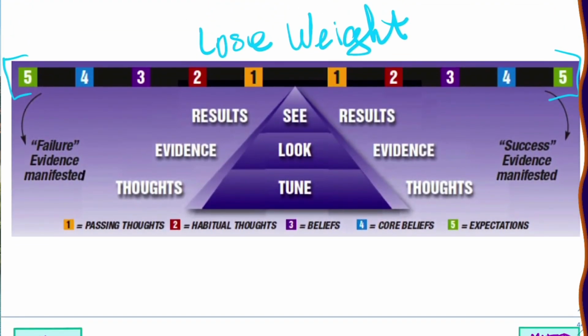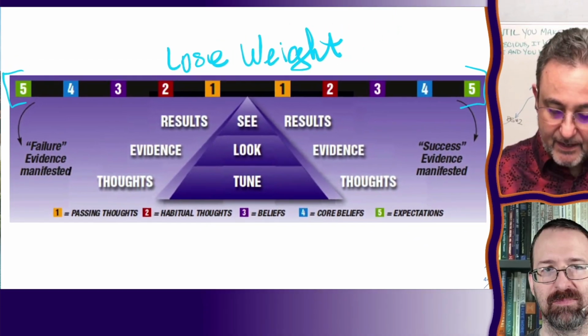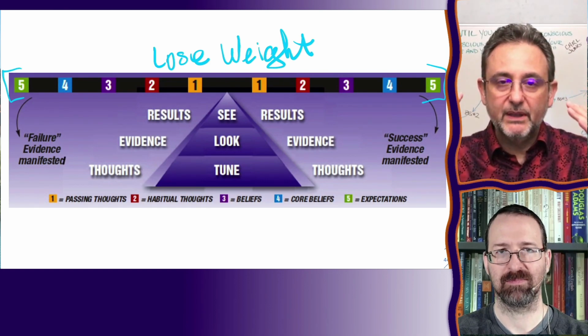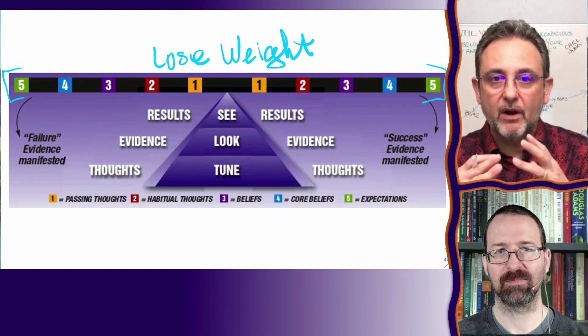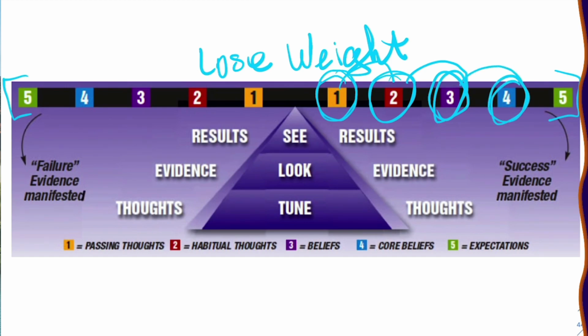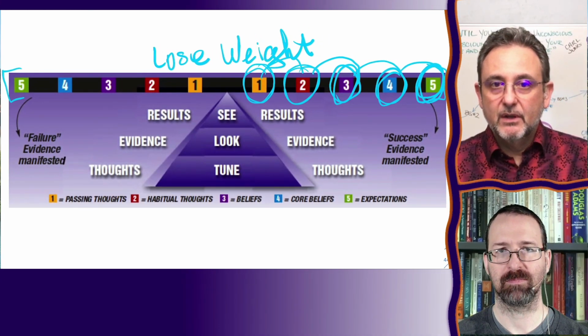So if we just go back to this seesaw right here, all of this seesaw tips based upon what we believe, what we're thinking about, what our ideas are. Everything starts as a passing thought, and a passing thought becomes a habitual thought, and a habitual thought becomes a belief, and a belief becomes a core belief, and a core belief becomes a rock solid expectation or conviction that it is going to happen.